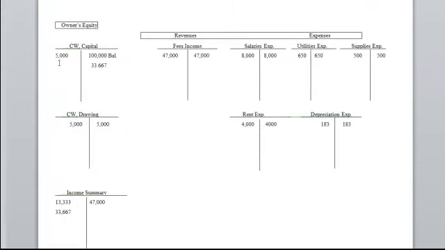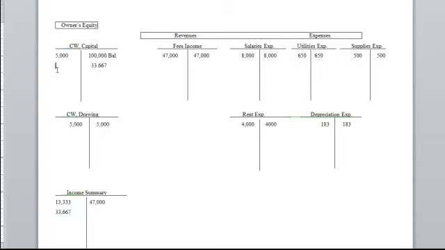Because if you look here, fees income is completely zeroed out. Each expense account will have a 0 balance. The income summary will have a 0 balance, and the drawing account will have a 0 balance.